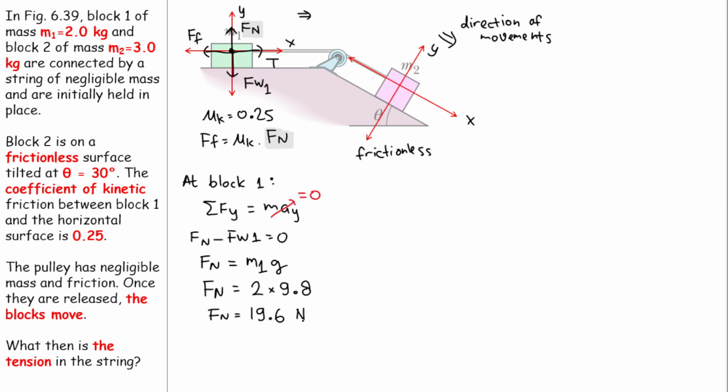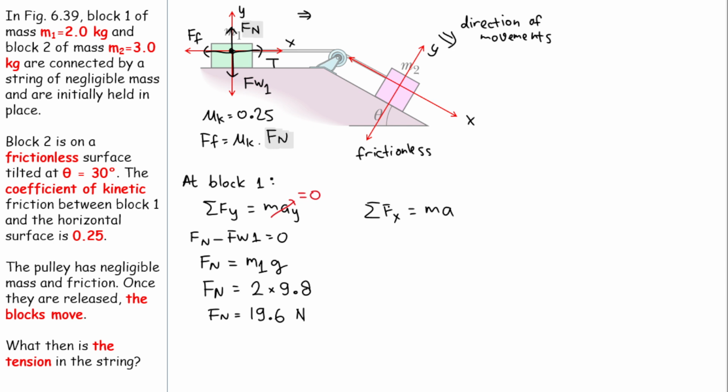Good. Now let's move on to the x direction. Okay, again, we have Newton's second law. Sigma F is equal to mass times acceleration. However, this one is on the x part here. And I will simplify the symbol as a here.